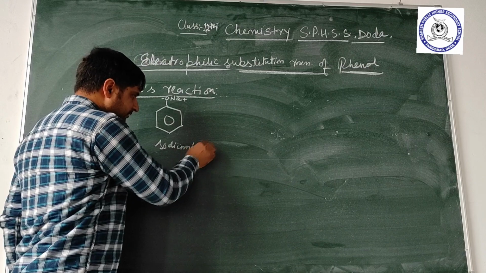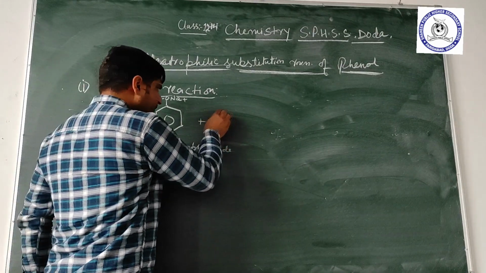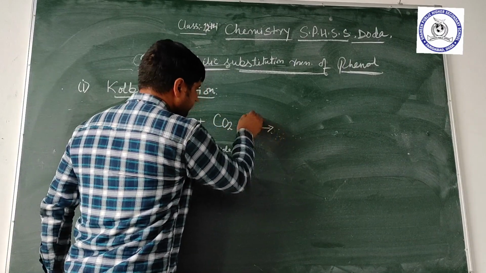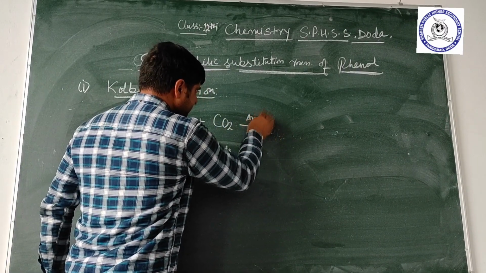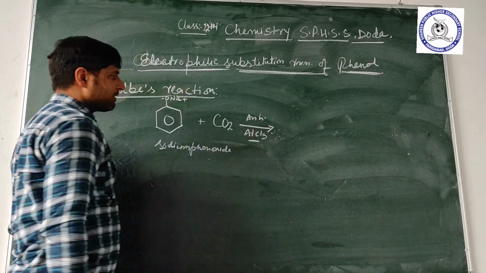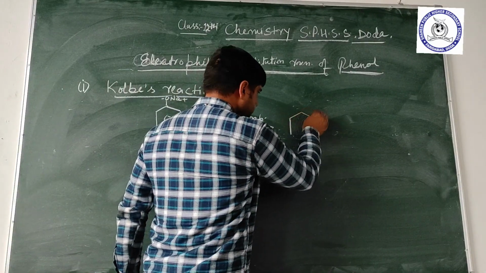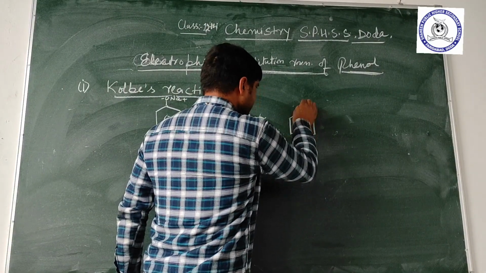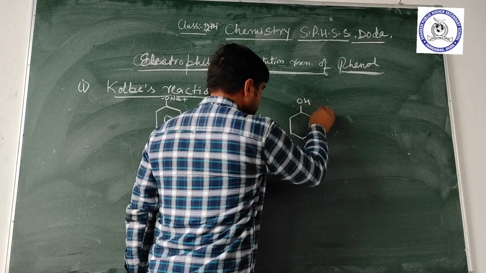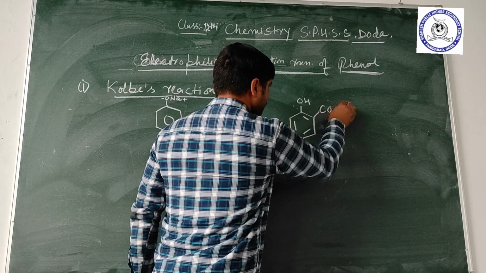Sodium phenoxide ion when treated with carbon dioxide in presence of anhydrous aluminium trichloride, we can get an intermediate, that is sodium salicylate ion, COONa.